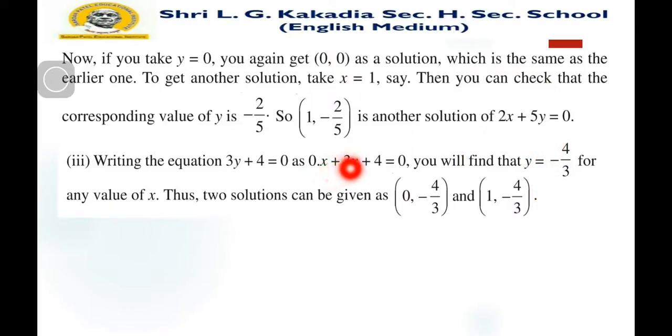So if you put 0, you find minus 4 by 3. If you put 1, you find minus 4 by 3. If you put 2, you get minus 4 by 3 as well, and you can find infinitely many solutions.